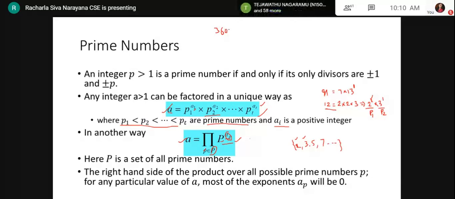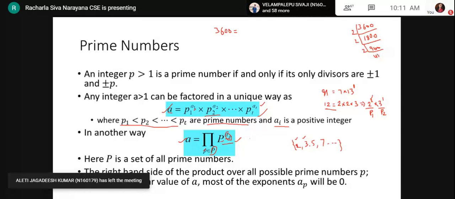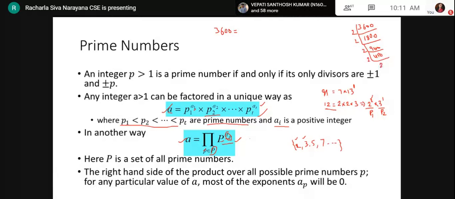To write prime factors for this number, we write 3600. Divide by 2, we get 1800, again 2, 900, next again 2, so 450, again 2, 225.